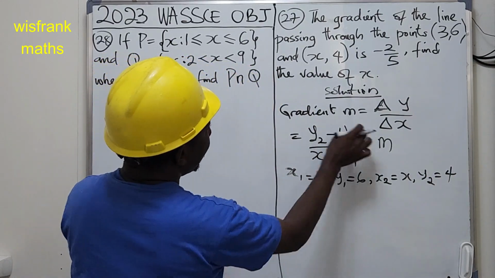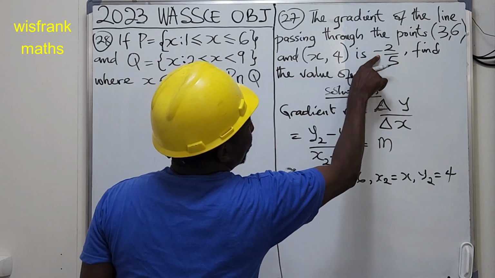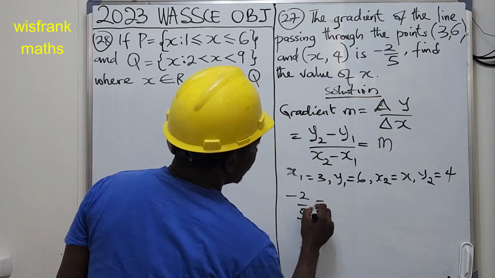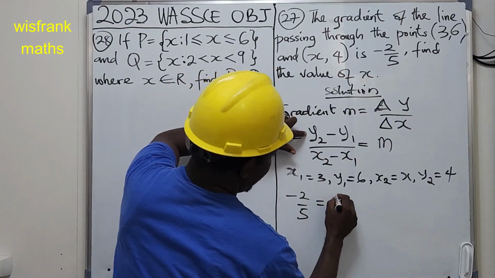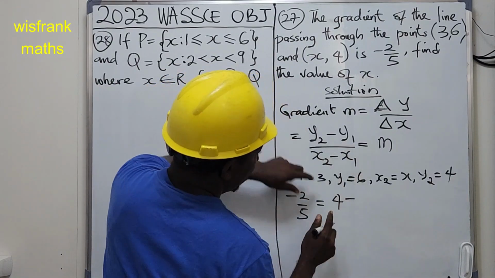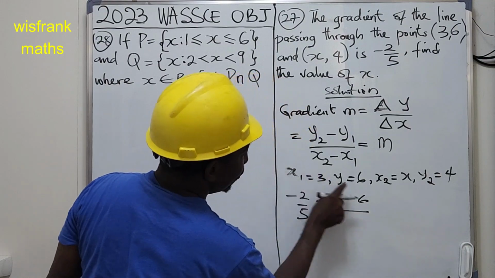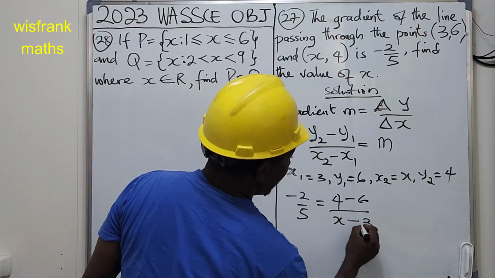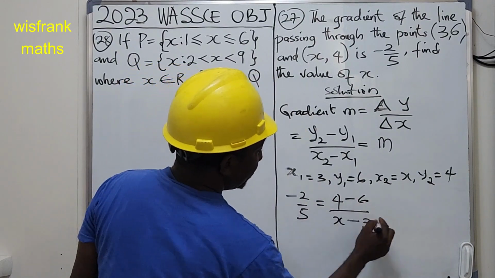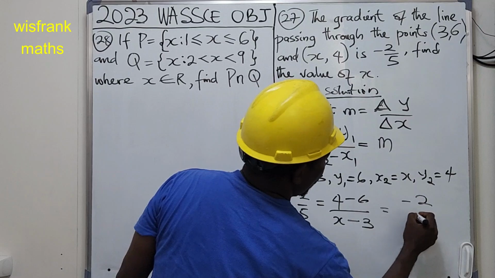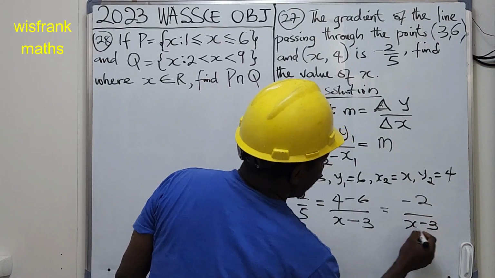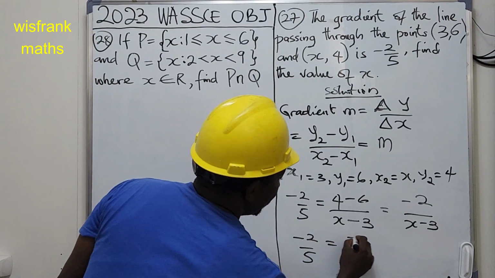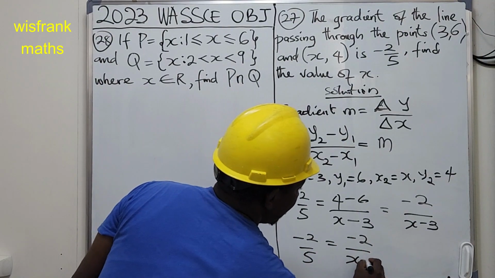So we have the gradient, which is minus 2 over 5, equals y2, which is 4, minus y1, 6, over x2, which is x, minus x1, which is 3. So this is the same as minus 2 over x minus 3. So minus 2 over 5 equals minus 2 over x minus 3.